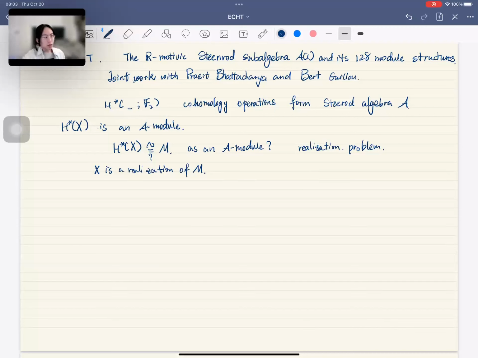I think I will introduce some notation first before I write anything down.